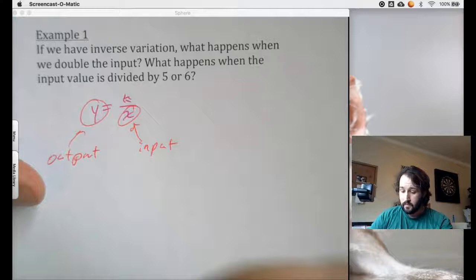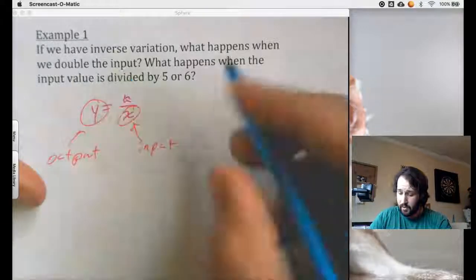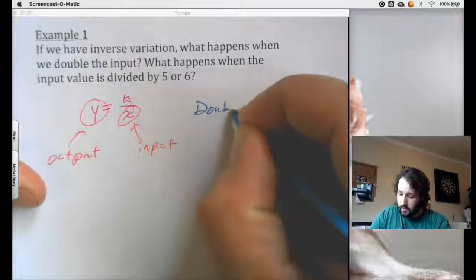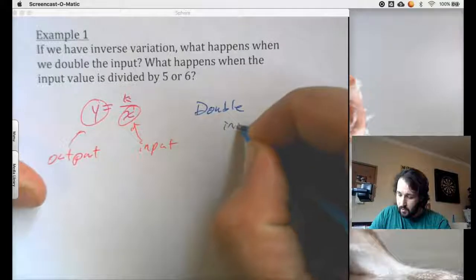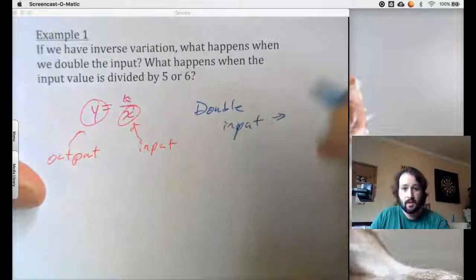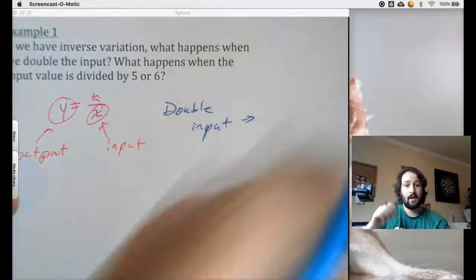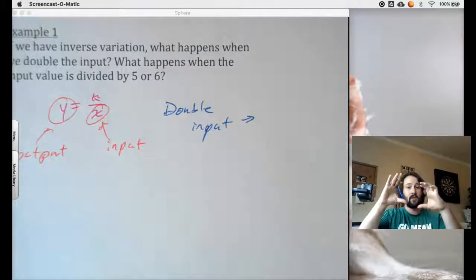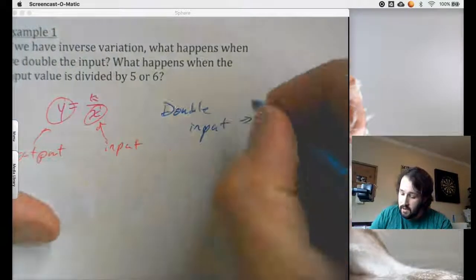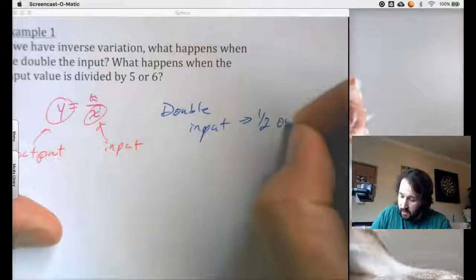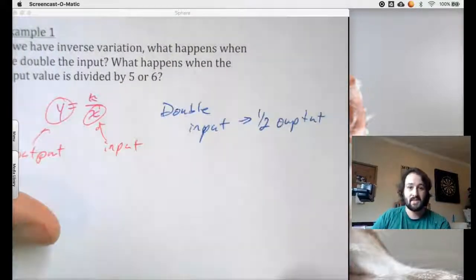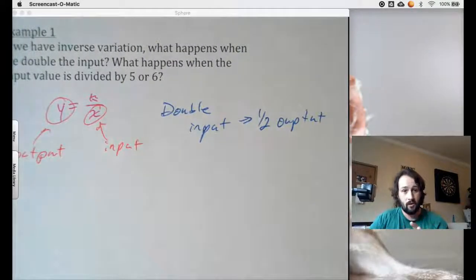So if I am doubling my input, that leads to one thing getting bigger, so the output must get smaller. That would be 1/2 of the output. By the same factor, you do 1 over.